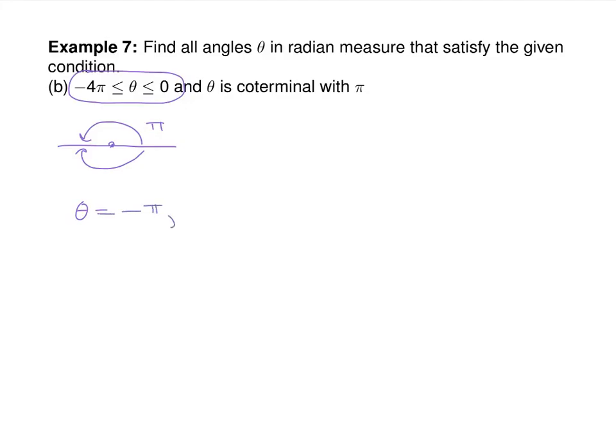Could I have done something to the effect of go around the whole way and then go negative again? How many negative pi's is that? Negative 3 pi. Do you see what happened there? You took away 2 pi, right? What would the next number be if you go around backwards twice? Negative 5 pi, but that's too negative, right? Okay, so those are our angles.